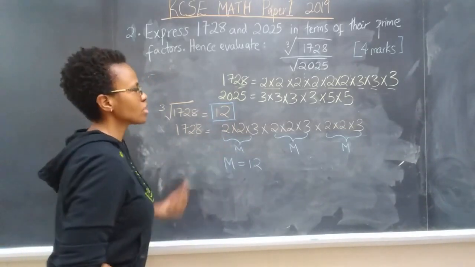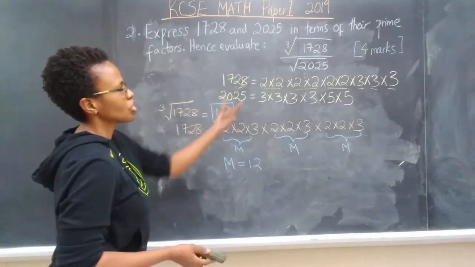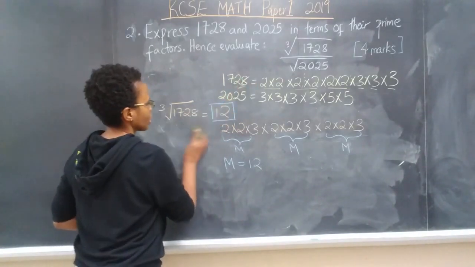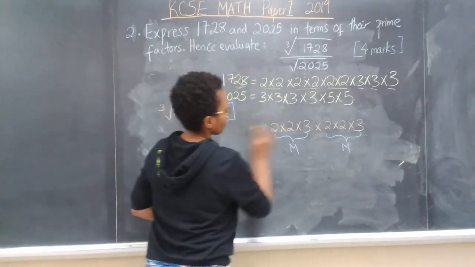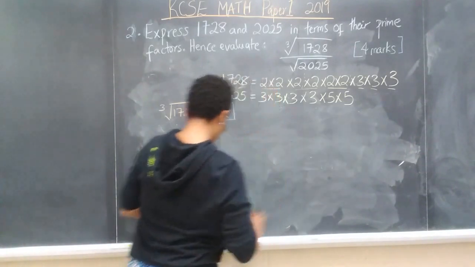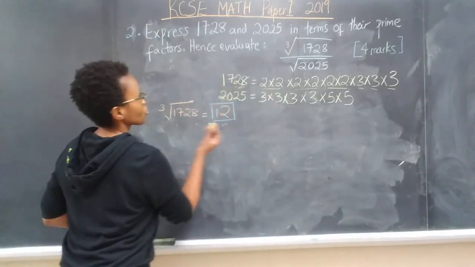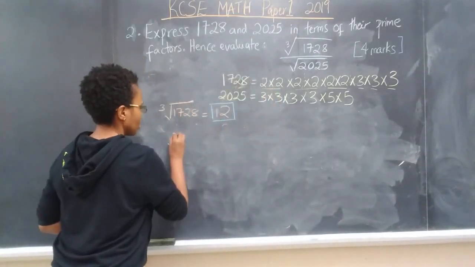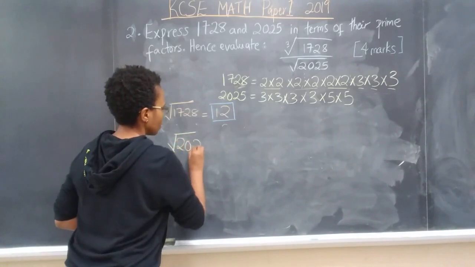So I can erase this so that we can solve for the last part, which is the square root of 2025. To find the square root of 2025, we do a similar process.